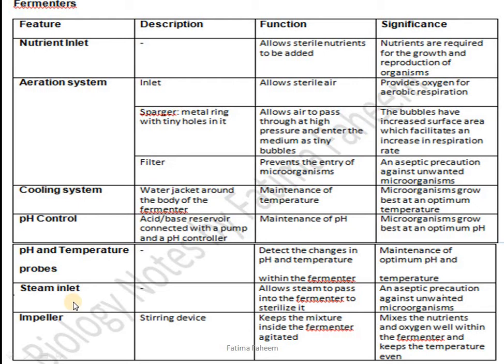Steam inlet again maintains the aseptic conditions. The impeller or stirring device will agitate the fermenter contents, mixing the nutrients and oxygen well within the fermenter and keeping the temperature even.